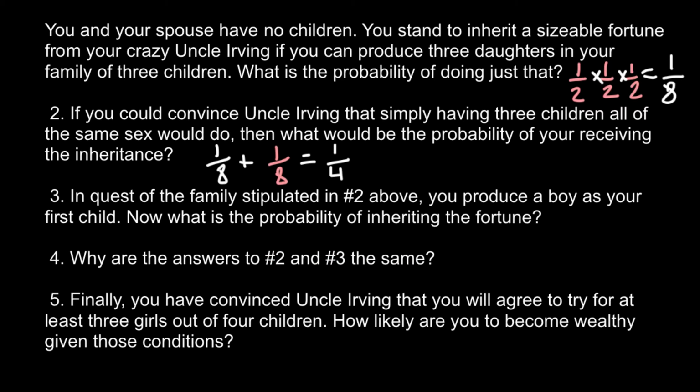So let me explain. Imagine that we already have a boy in this family, and then this family doesn't know what the other 2 children might be. It can be a boy or a girl. Once again, a boy or a girl. So what is the probability that this is going to be a boy? It is 1/2. And what is the probability that this one is going to be a boy?